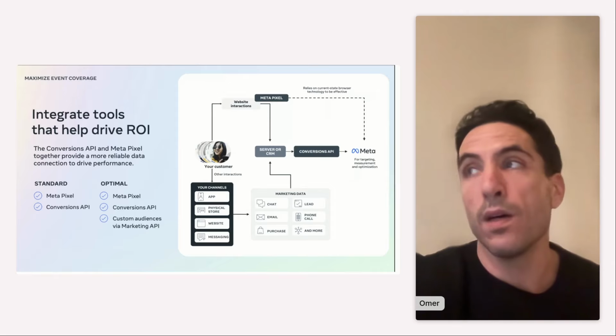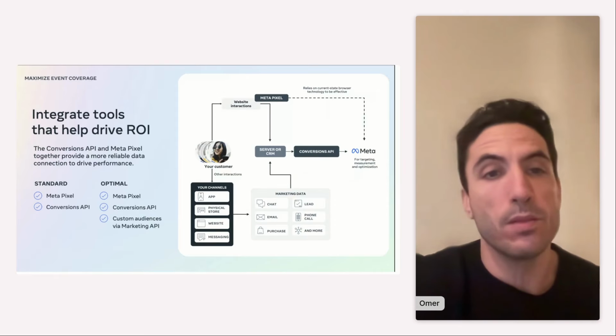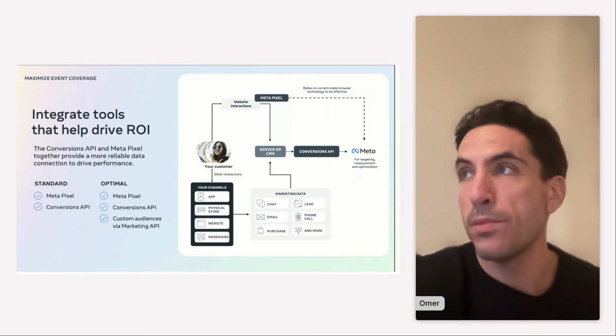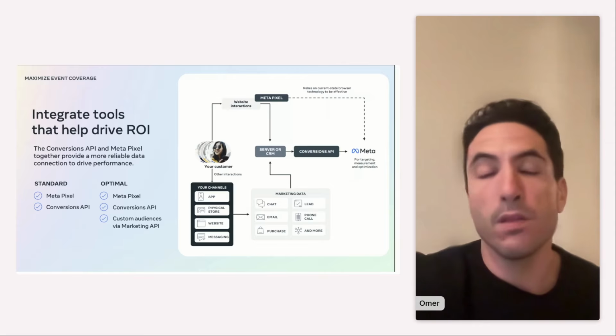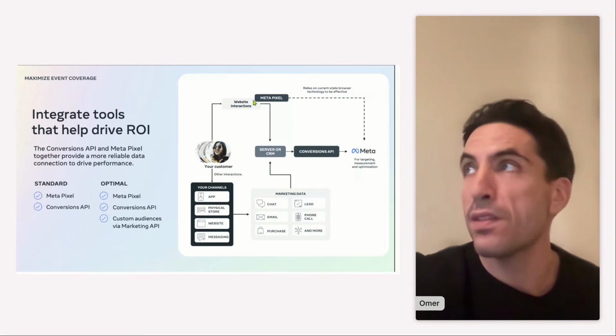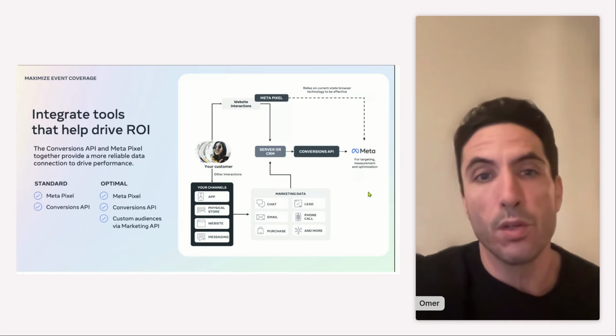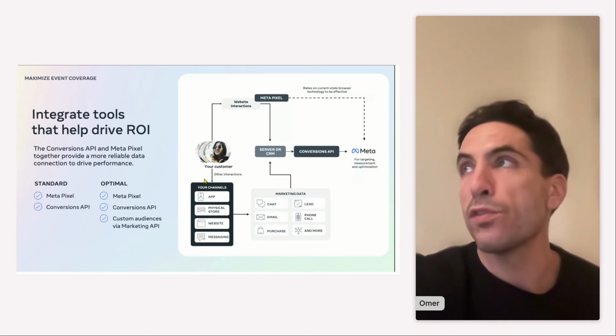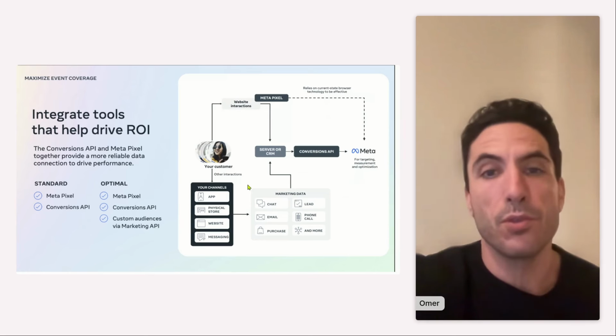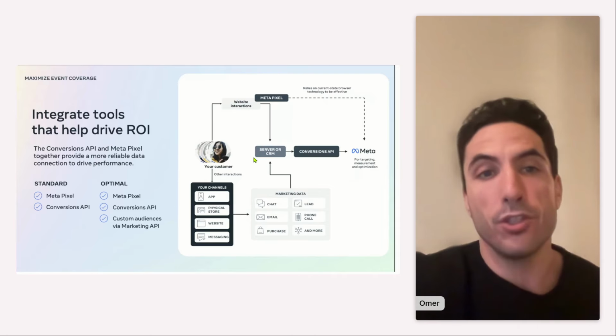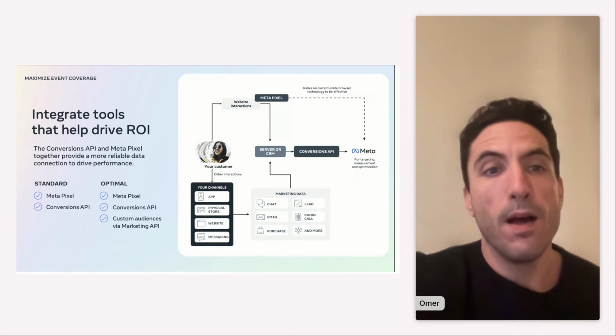We support app, websites, offline data, and CRMs. On the right side of this slide, you can see how a customer interacts with your website and how Conversions API is able to capture signals from the server side, in addition to a pixel.